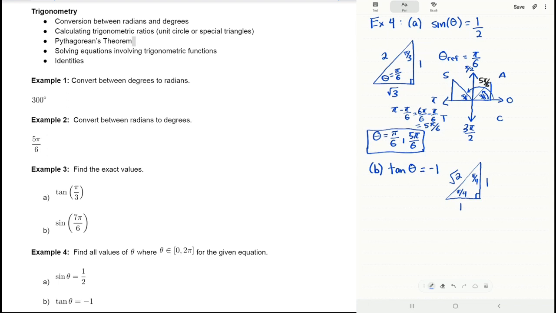However, what we want to look for is the reference angle. And so the triangle that is used to determine the reference angle is going to be the pi over 4 special triangle. So this tells us that the reference angle is going to be pi over 4. So now that we have the reference angle, we can then use the cast rule to determine when tangent is equal to -1.